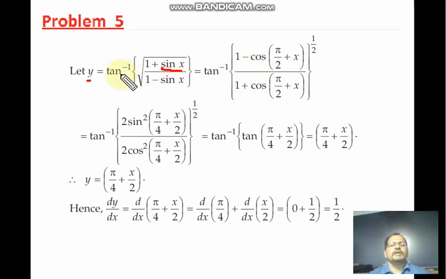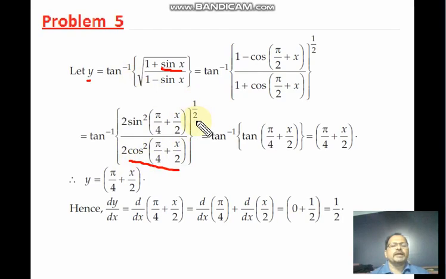By converting sin to cos and then applying the formula for 1 plus cos 2 theta and 1 minus cos 2 theta, we get this: 2 sin square of (pi by 4 plus x by 2) upon 2 cos square of (pi by 4 plus x by 2), the bracket raised to half, that is the square root.